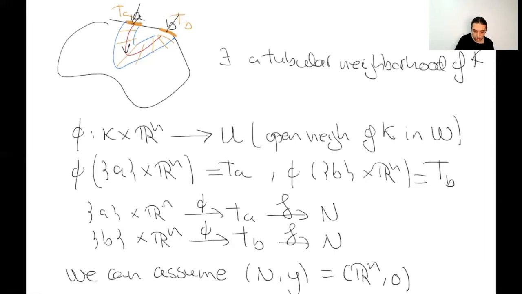And that actually makes these maps of different degree. So what we get in this way is that the composition of phi and f, which can be considered as a composition from R^n to R^n, these two compositions actually have the same degree at 0. And that's going to be important.